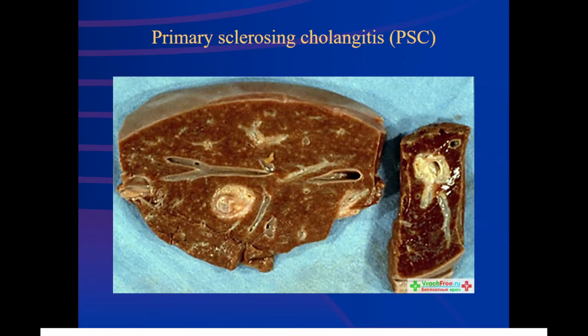How does primary sclerosing cholangitis look? In autopsy, you see large bile ducts with thick walls, and in this case it is more difficult to pass the bile through these ducts. Bile stagnation will lead to damage of hepatocytes, their death, and formation of cirrhosis.